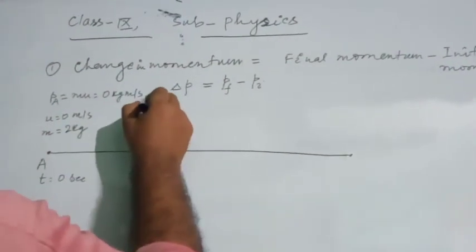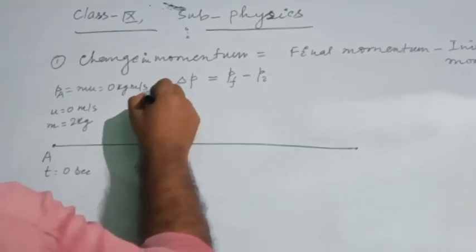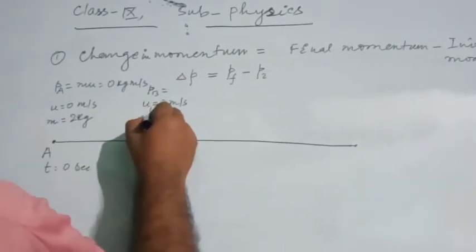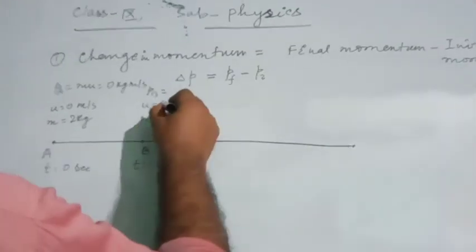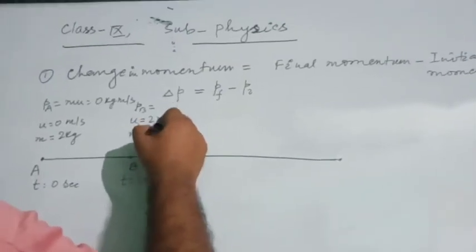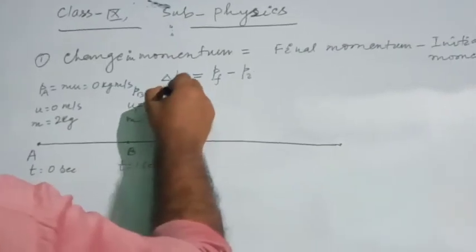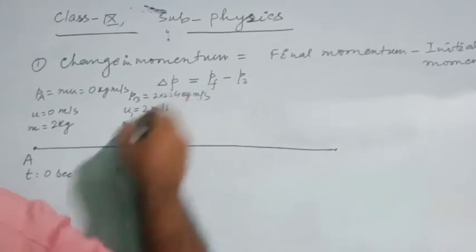Now PB equals mass, which remains constant at 2 kg, so mass into velocity at that point: 2 into 2, 4 kg meter per second.